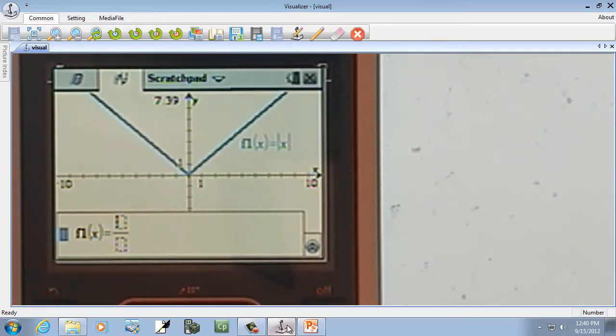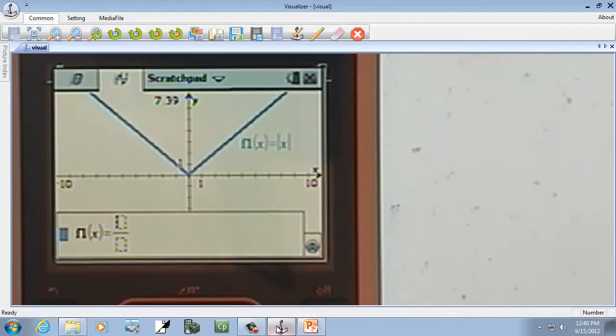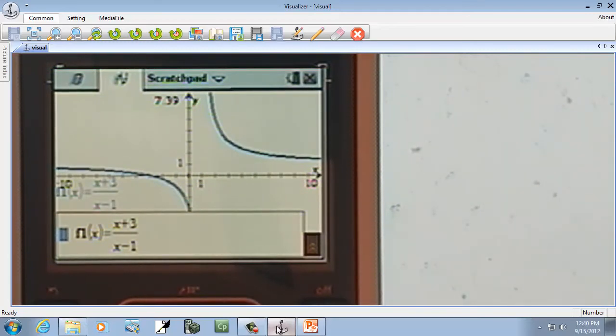It'll put a fraction there. And I think we had x plus 3 and x minus 1. So I'll do x key plus 3, down arrow, and then x minus 1. Like that. And I press tab one time, and that'll give us our graph.